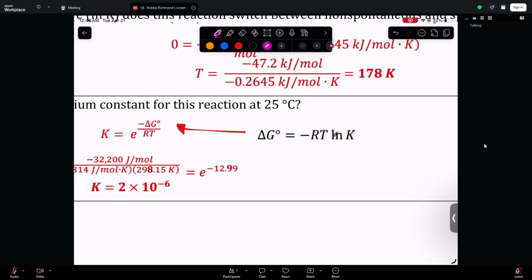In this case, for a natural log, the base will be e. So raise everything to the e, and that'll cancel out that natural log. So e to the negative G naught over RT is going to equal K. If you're not good with this derivation, I definitely recommend noting this down within your exam information sheet, but I think we've done much more difficult algebra in our time at Gen Chem 2.